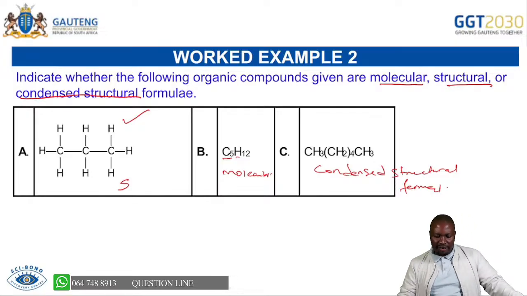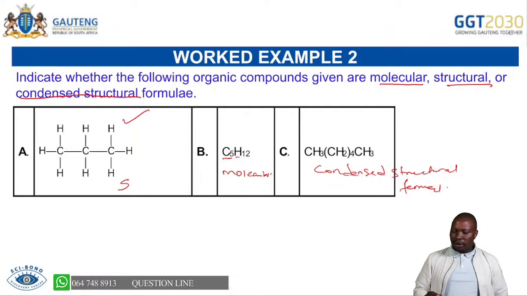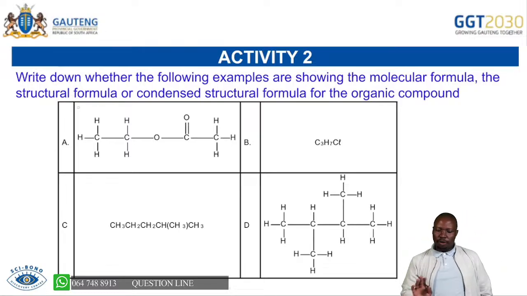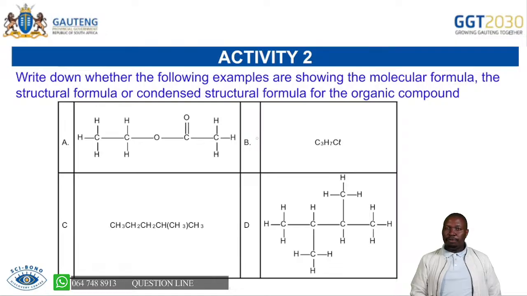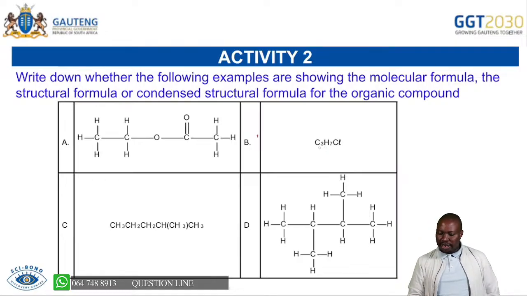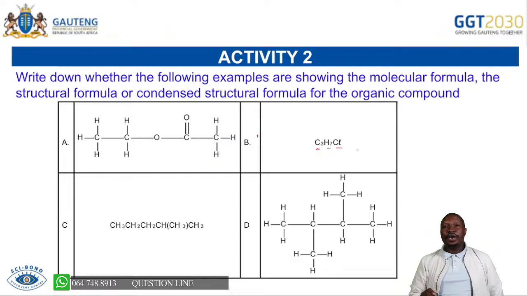Now let's look at the activity, which is our second activity. It says write down whether the following examples are showing molecular, structural, or condensed structural formula. This one shows all the bonds, so it's a structural formula. This one shows the type, which is carbon, hydrogen, and X, which is our chlorine here, and the correct number, so it's a molecular formula.